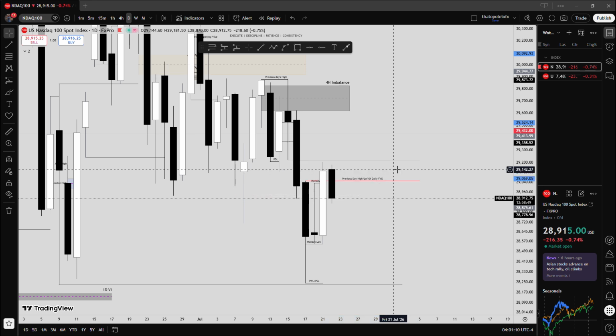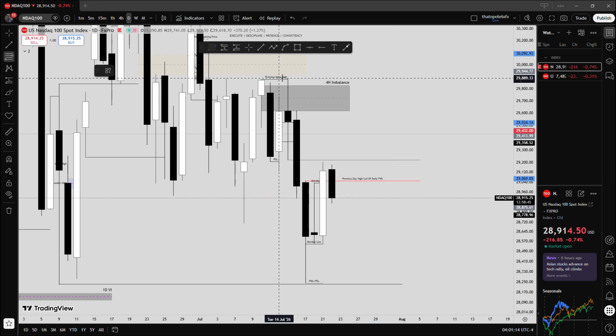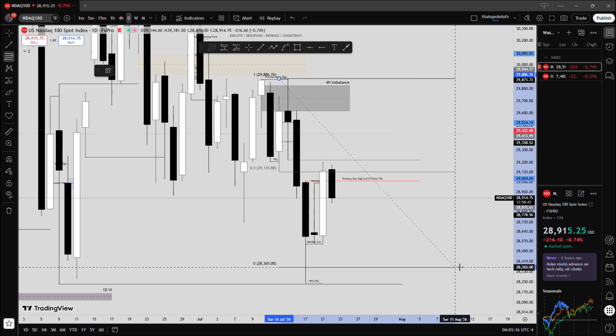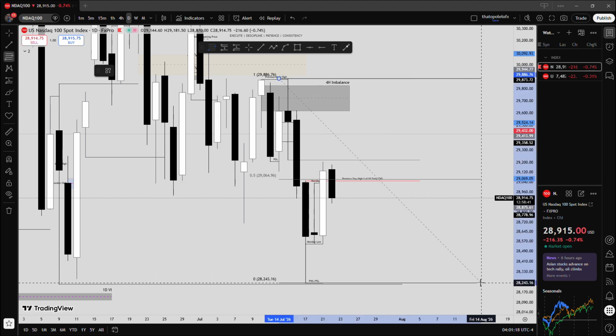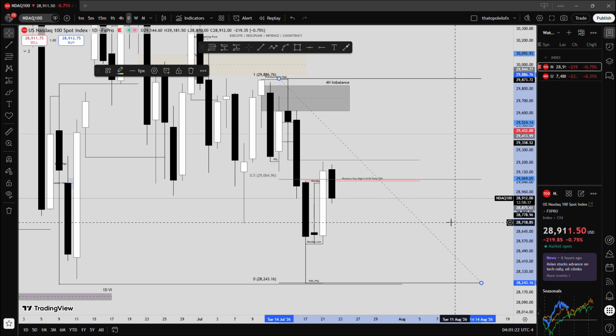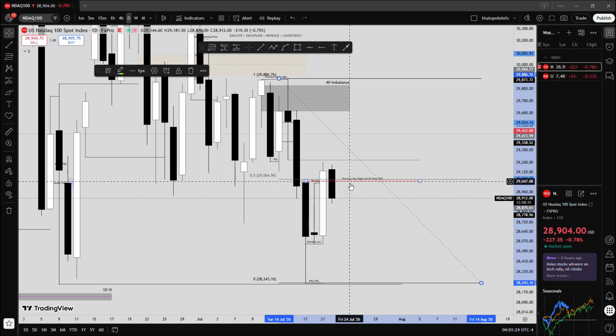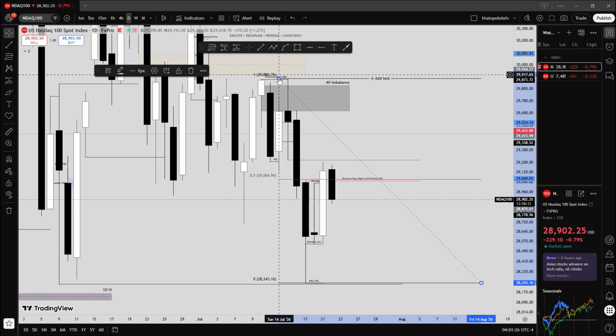But I also approached this week trying to figure out where price is generally planning to print, where it's likely to go. I marked this dealing range, and just wanted to see where price could possibly make a turn.